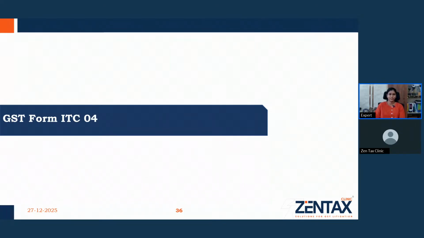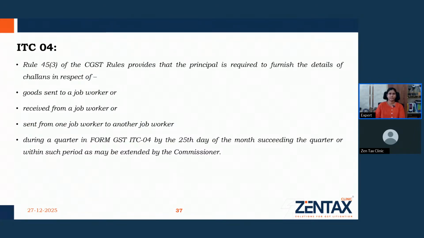Moving on, we will see GST form ITC-04. What are all the contents of the form and how to file these forms? First, we will see what is this ITC-04.